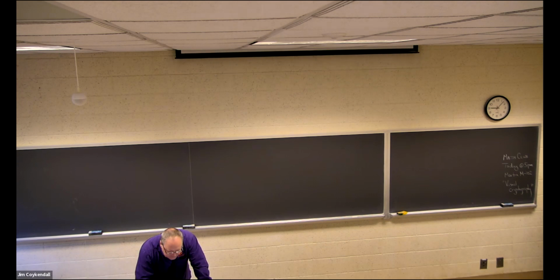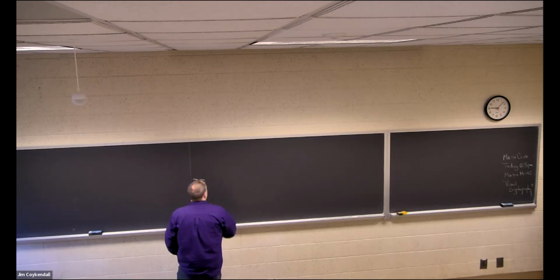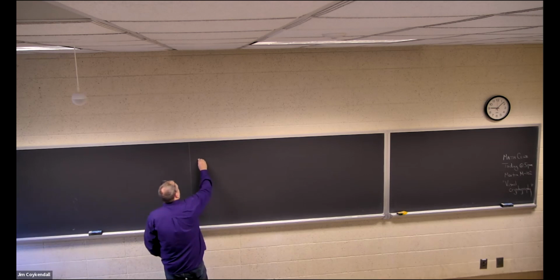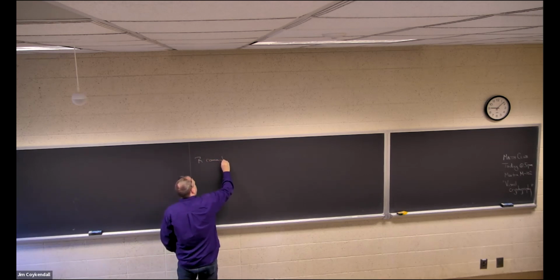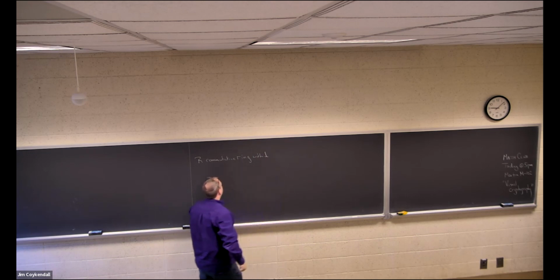So let's pick up where we were last time here. Remember, R is a commutative ring with 1.